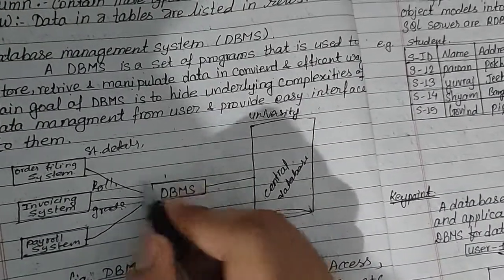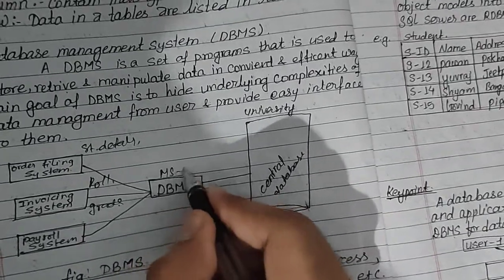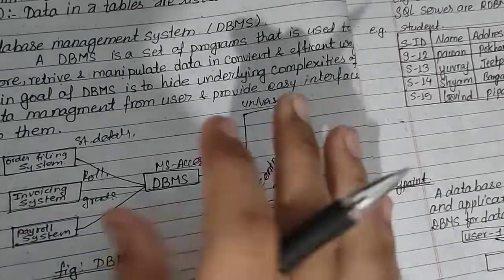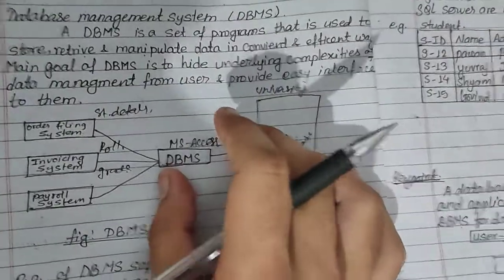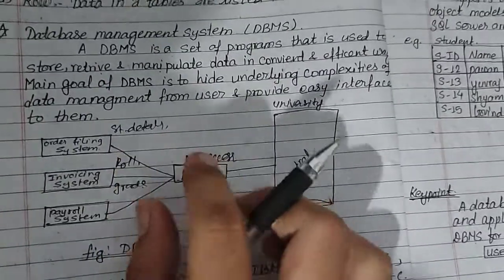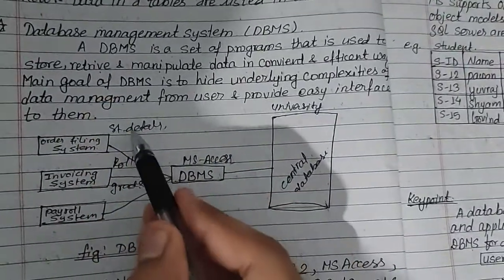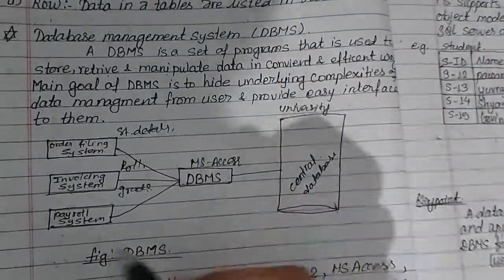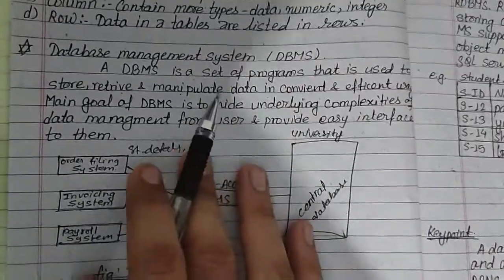Suppose they are connected by MS Access. These are connected by MS Access, which is database software. By using this software, it is easy to retrieve the data, to store the data, and so on.